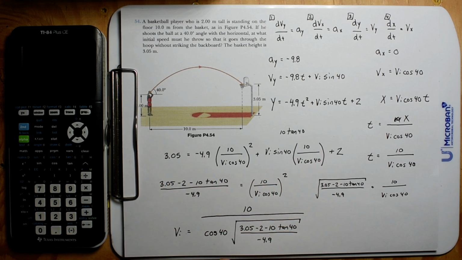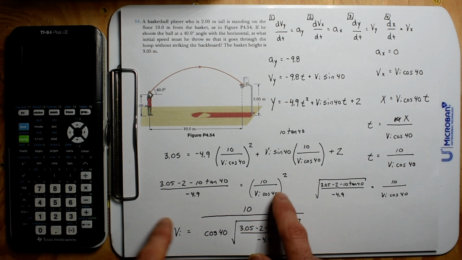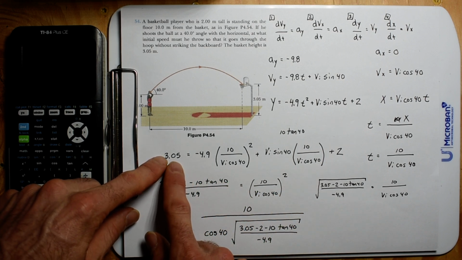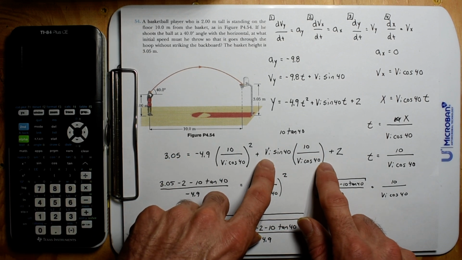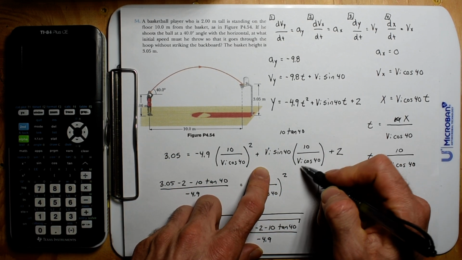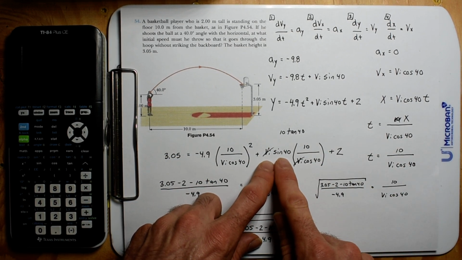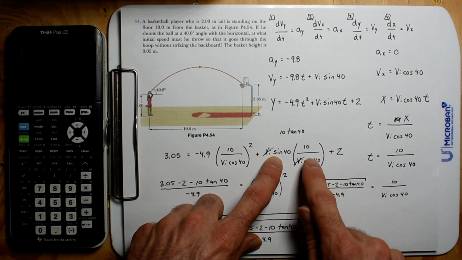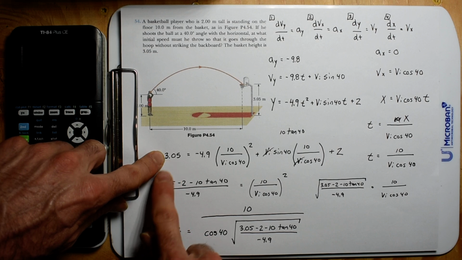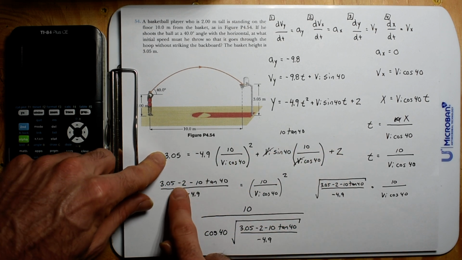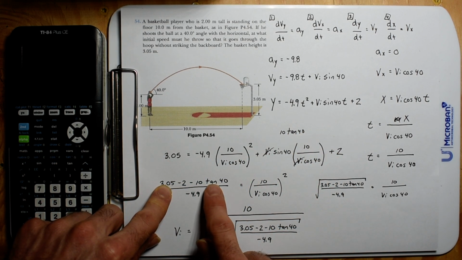We will have a square, but essentially, first thing I do, 3.05 minus this 2, and then check this out: these velocity initials cancel, and sine divided by cosine is tangent. So this just becomes 10 tangent 40. So we have a bunch of constants, 3.05 minus the 2, and then minus the 10 tangent 40.